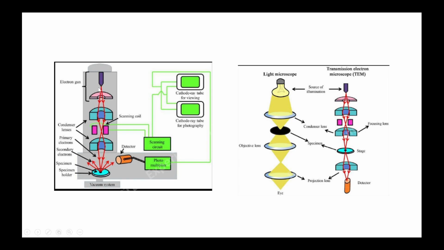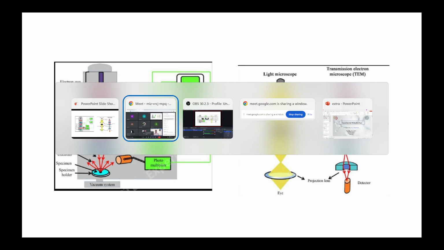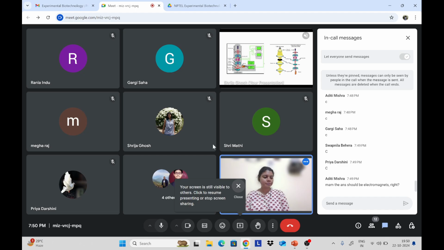So you have the electron source where the electron beams are focused towards the specimen kept here using these magnets, and then the electrons are reflected back. Secondary electrons are emitted. Secondary electrons are then captured by the detector, and then later we get the image photograph of the sample.